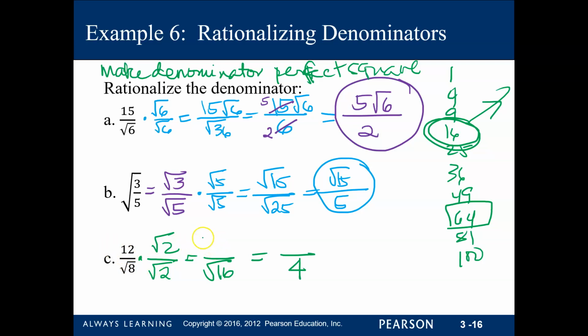On the top, we have 12 square root of 2. Can we simplify 12 square root of 2 divided by 4? Yes, 12 and 4 could be divided. So this is 1 and this is going to be 3. The final answer would be 3 times the square root of 2. And that is the simplified form.